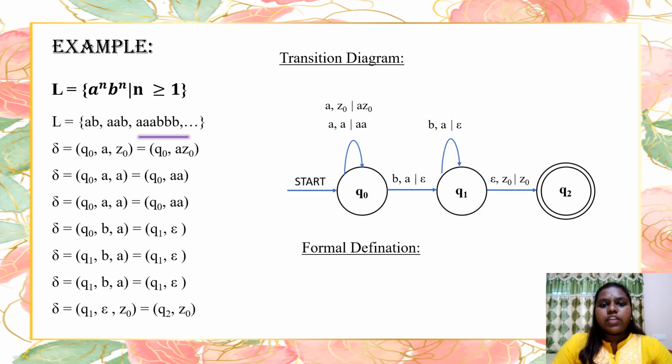The formal definition is P is equal to ({q naught, q1, q2}, that is the set of states, {a, b} is the input symbols, {a, Z naught} is the stack symbols, and transition functions are here, and q naught is the initial state, Z naught is the top of the stack symbol, and q2 is the final state.